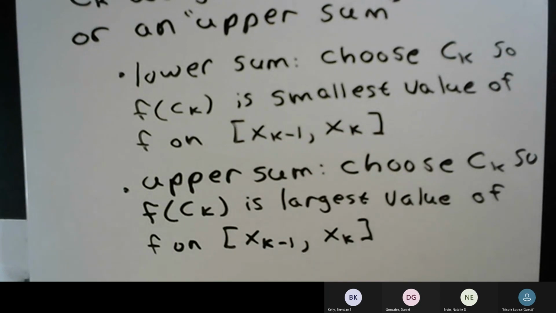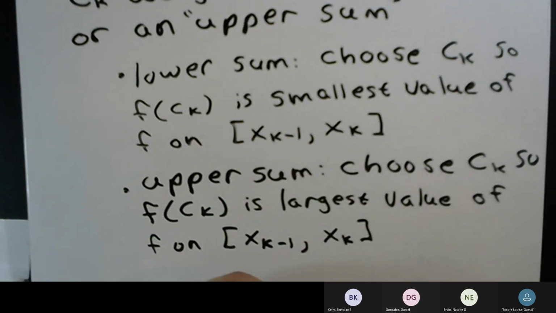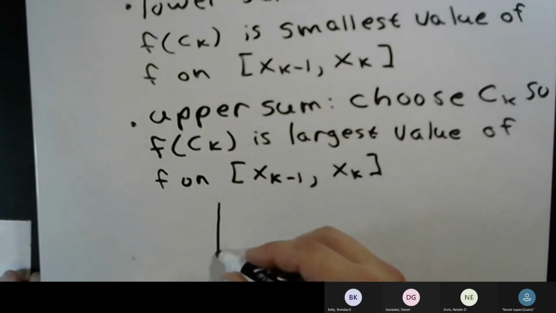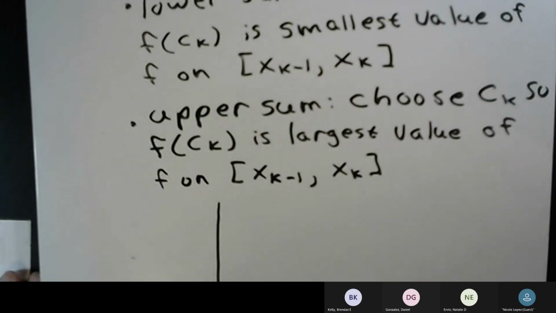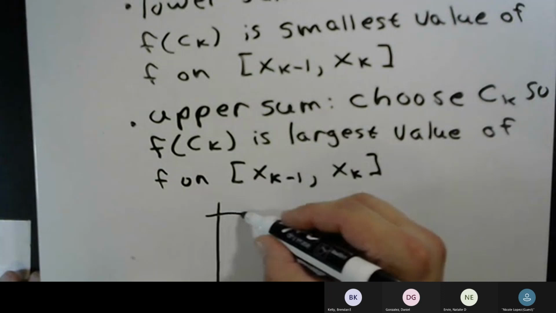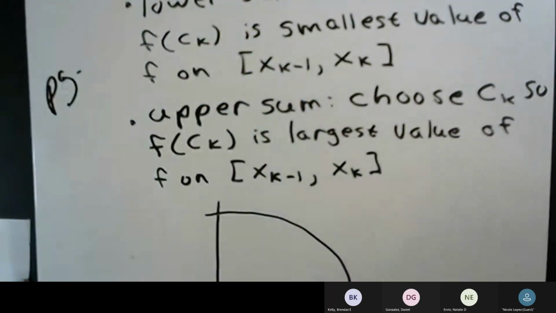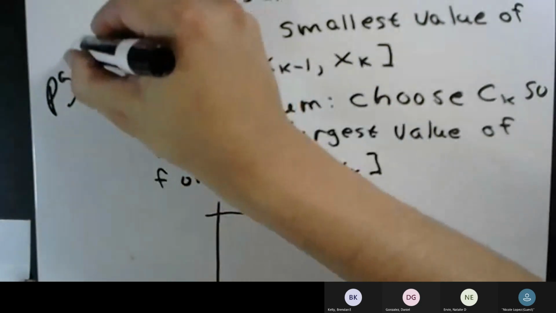Now, we're going to talk about when something is an integrable function, and the idea of upper and lower sums actually comes up when we're testing for integrability. I'm not going to get into that too much. There's a great example in the text on page 302.